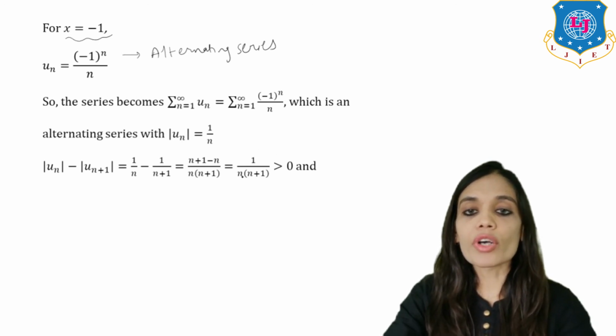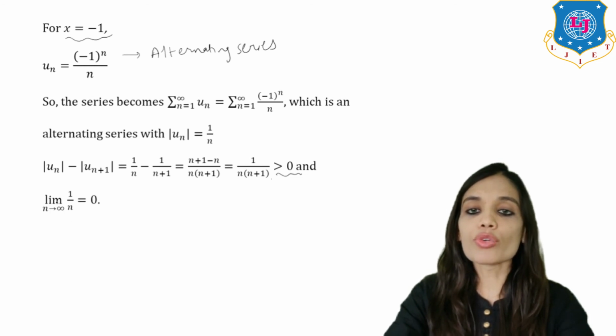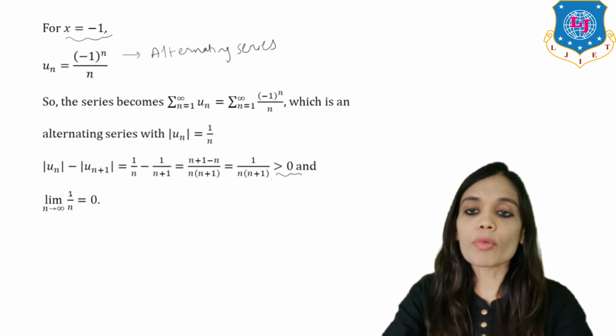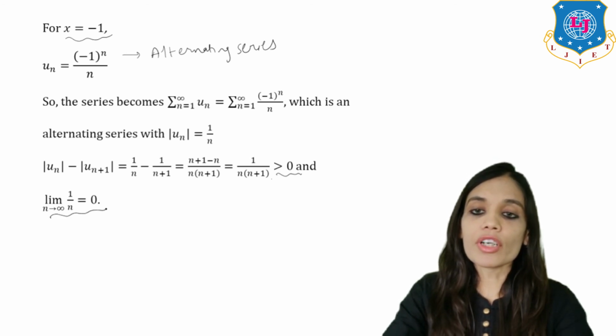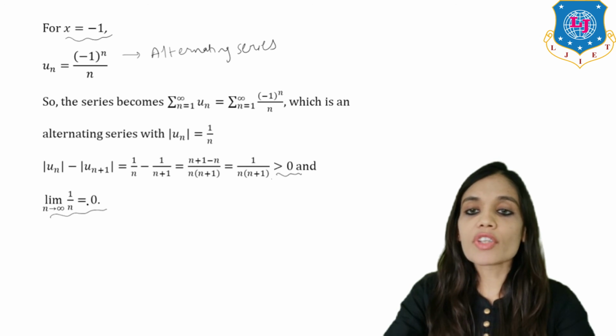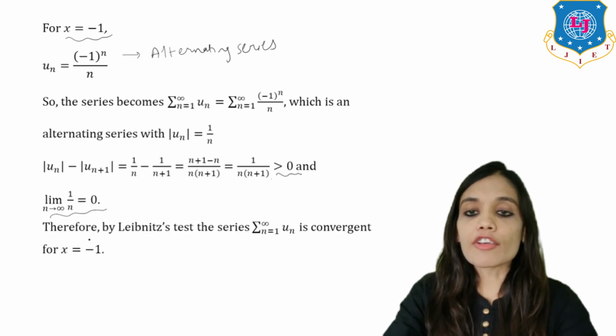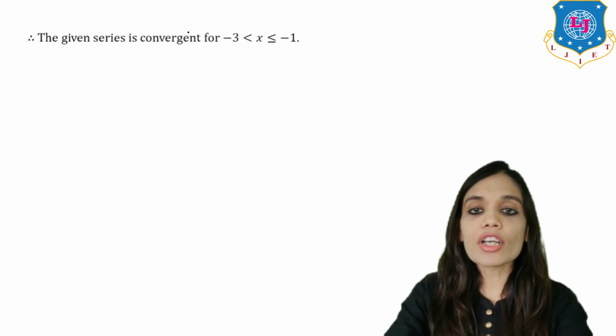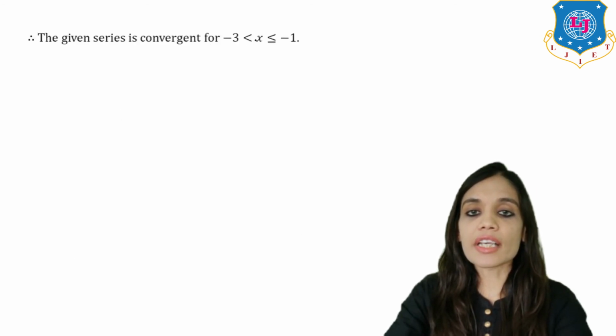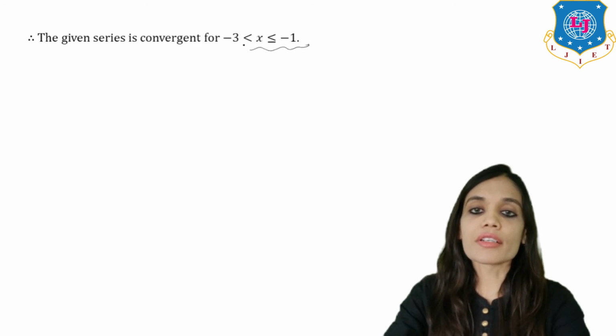So you will get 1 upon n into n plus 1, which is greater than 0. Now find limit n tends to infinity mod un. But our mod un is 1 upon n. So put that value. So finally the answer of the limit will be equal to 0. So both the conditions of the Leibniz test are satisfied. Therefore we can say that our series is convergent for x is equal to minus 1, right? So finally the interval of convergence is minus 3 less than x less than or equal to minus 1.